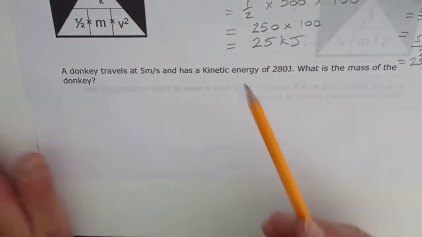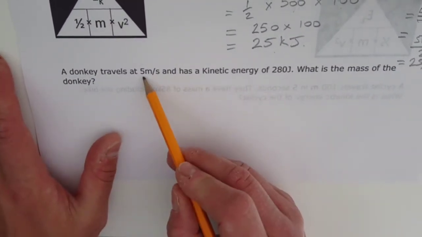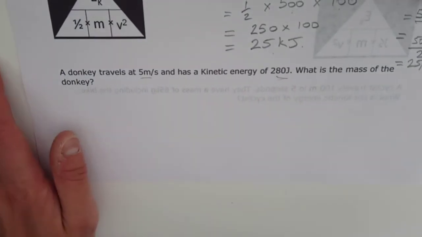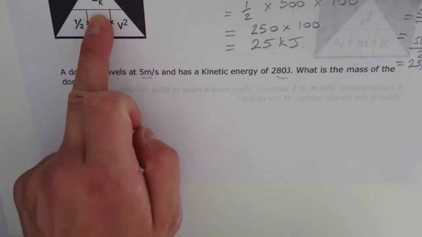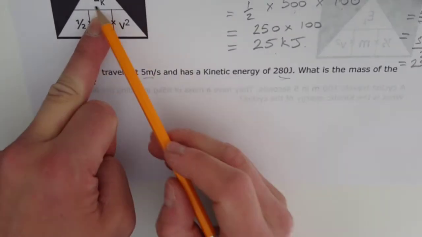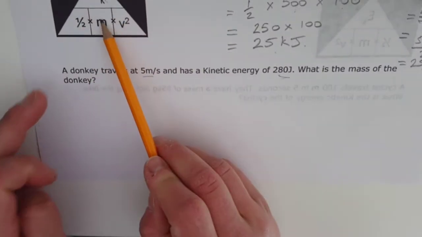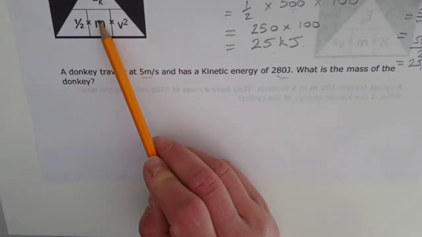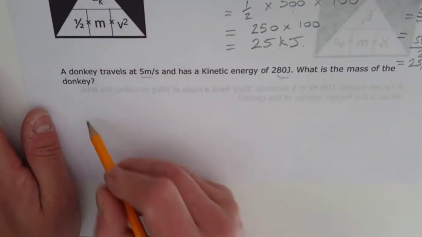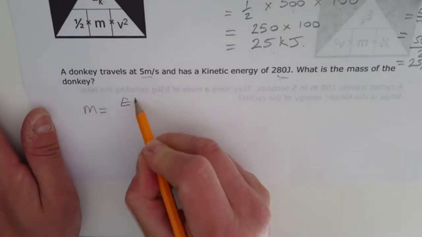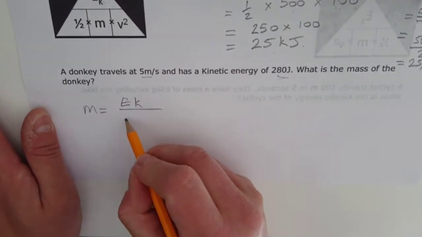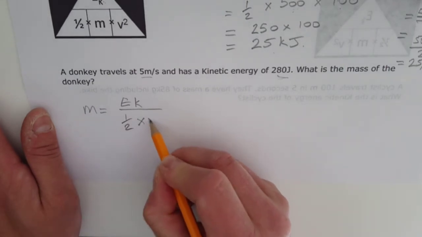So it's got a kinetic energy. It's got a velocity. What we're looking for this time is to find its mass. So this time what we're doing is we're holding over the mass and we're looking what's left. The kinetic energy on top here, and we've got a half and velocity squared down the bottom. So for finding the mass, m is equal to EK, kinetic energy, divided by a half times V squared.